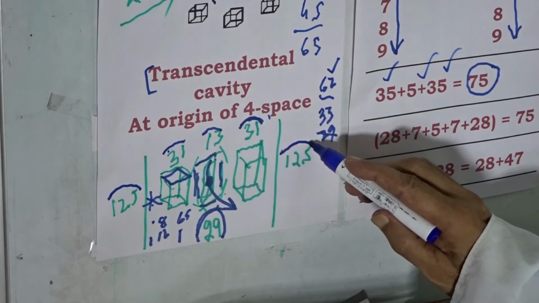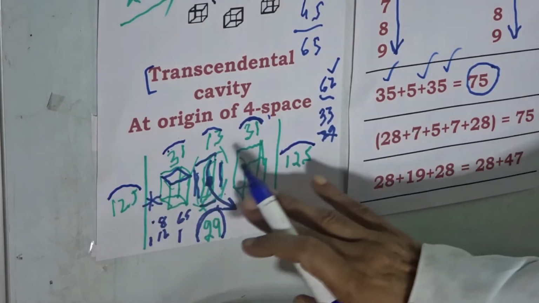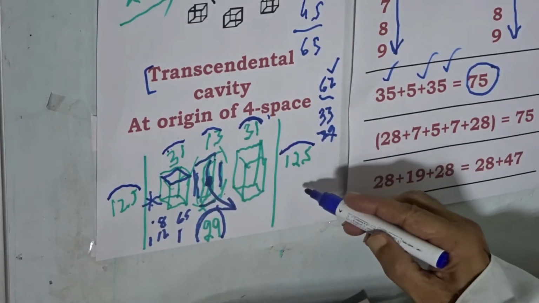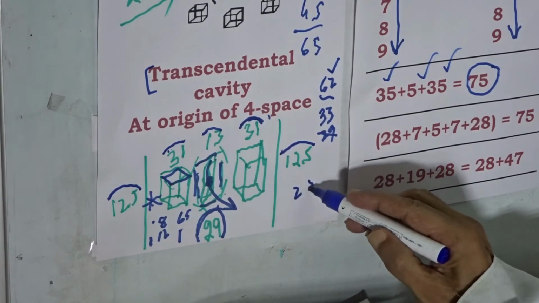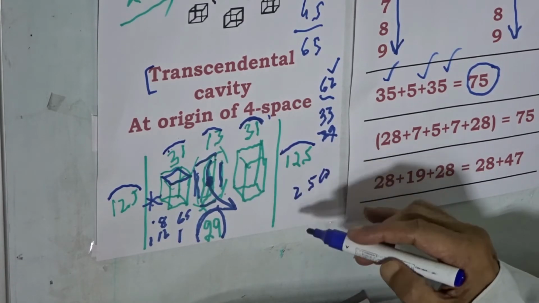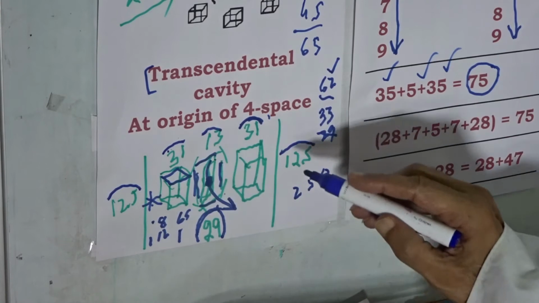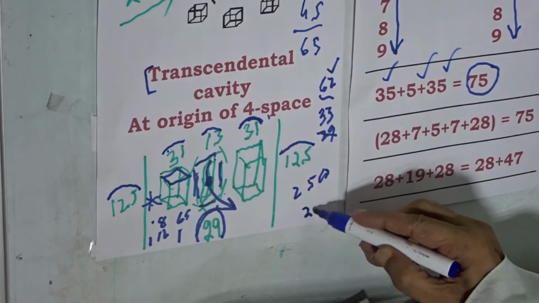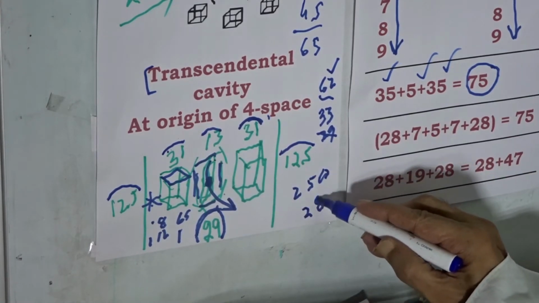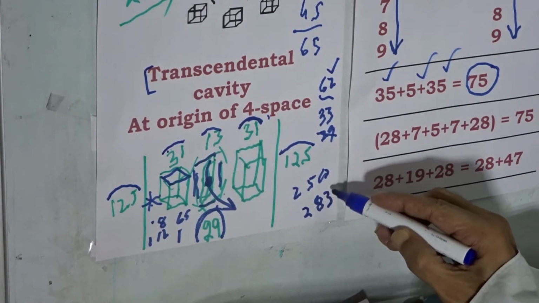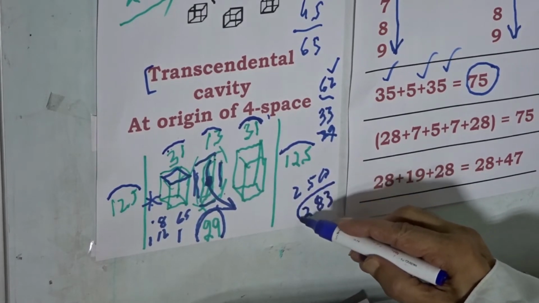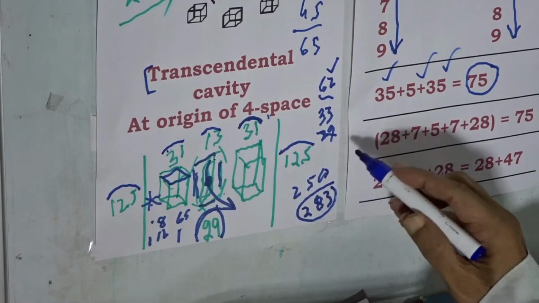Therefore, this 125 plus 125 is equal to 250, and this 250 plus this value 33 takes us to value 283, which is parallel to the total letters of the text of the Ganita Sutras.